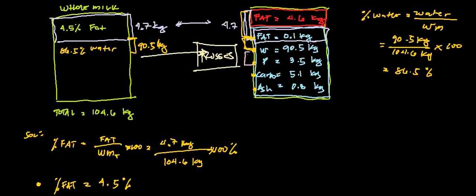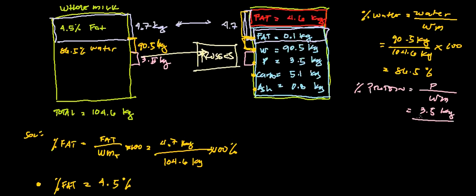For the protein, this part now here is our protein, 3.5 kilograms. So percent protein is equal to the protein content divided by the total mass of whole milk again. Our protein is 3.5 kilograms over 104.6 kilograms times 100. This is equal to 3.3% protein.